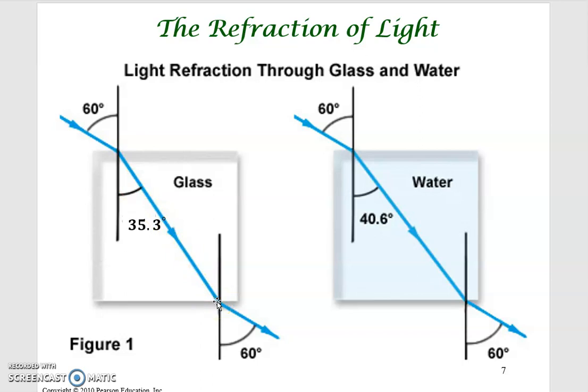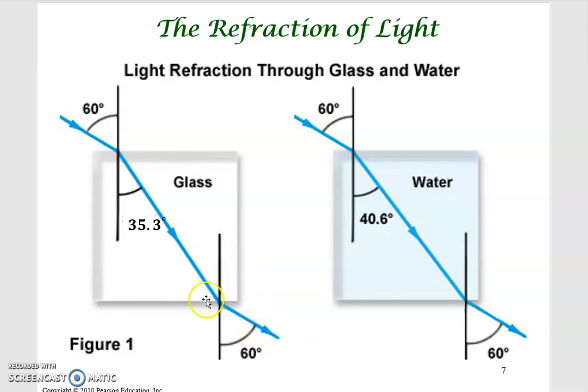Then it tries to leave the glass and enter the air. Did you notice that the scenario at this interface is that the light is entering a medium with a lower index of refraction? So it is back to the air again, and the speed of light will be increased.